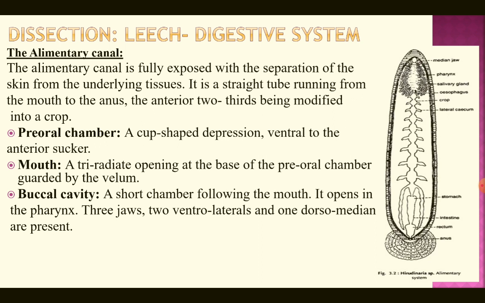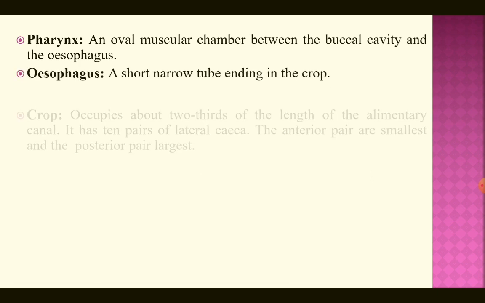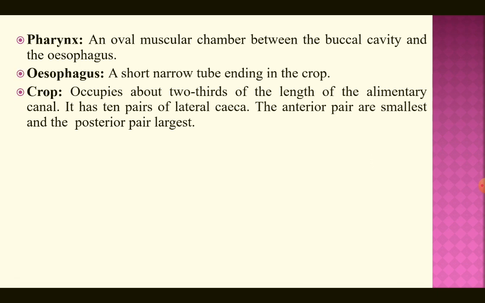So there are 2 ventrolaterals towards the ventral on the lateral margins, and 1 is dorsomedian. The pharynx here is an oval muscular chamber between the buccal cavity and the esophagus.